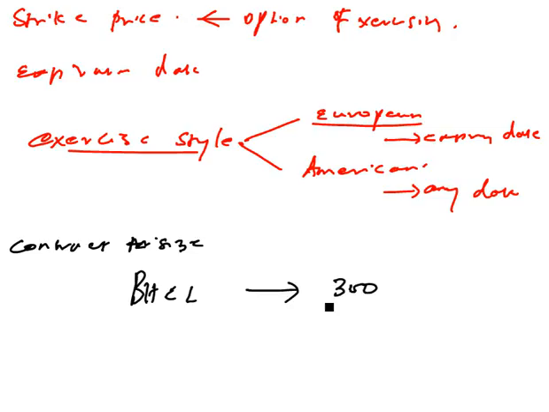Then if one buys one future contract, then obviously for every 1 rupee rise in the BHEL share, I will be making a profit of rupees 300 if I am the long investor, taking a long position. And again in the same case, for every 1 rupee fall, I will be losing rupees 300.